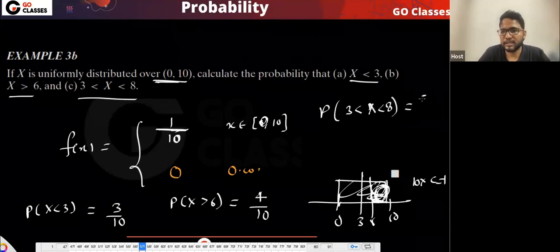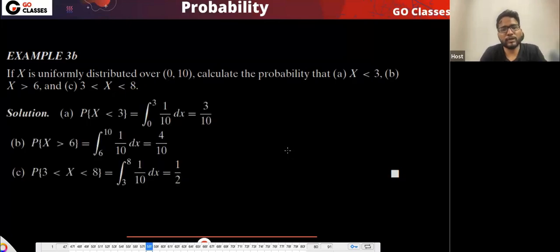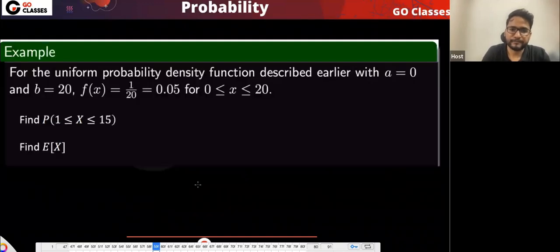What is the length? Length is 5, so 5 by 10. Uniform is actually very easy. If you want, you can use the integration. Here, just for the sake of mathematical notation, they have used the integration, but I will prefer that you use the rectangle directly. Integration is also fine, rectangle is also fine.